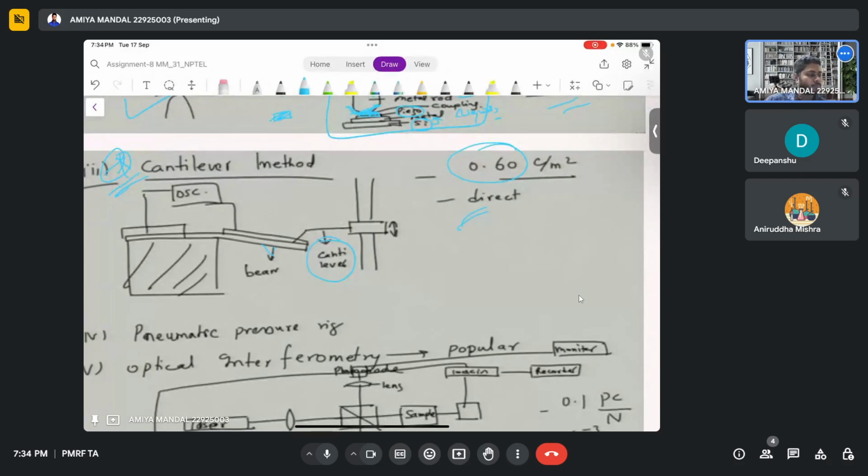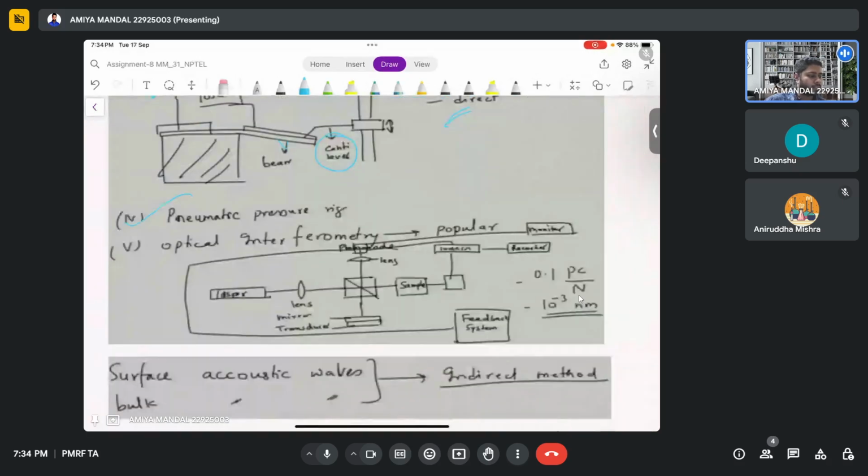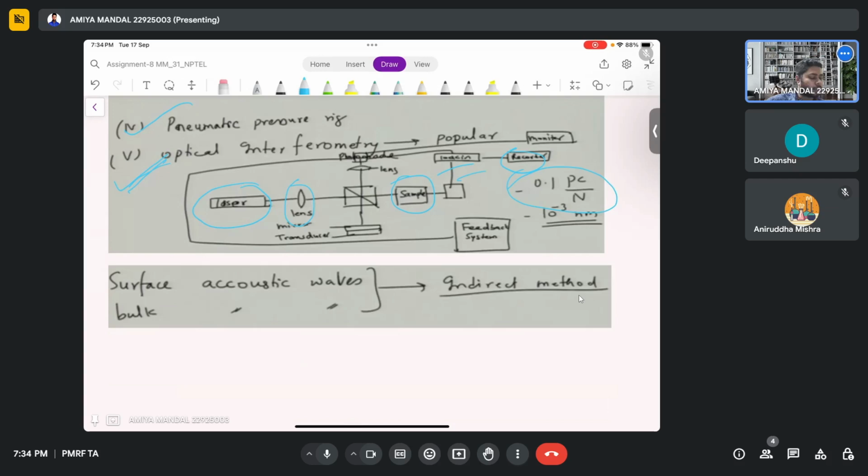And then optical interferometry, where a laser is used with lenses in this electrode region, directed at a sample, and it is recorded, by which we can measure up to 0.1 picocoulomb per Newton, the piezoelectric coefficient.